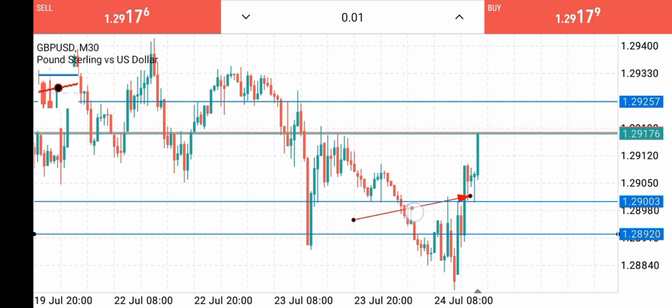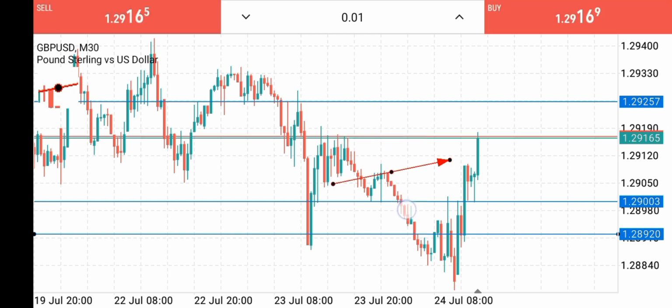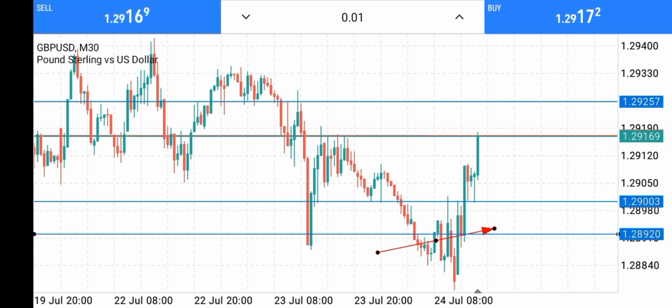Because initially, before you entered a buy here, you have a forecast in your mind that the price will increase up here. So whenever you enter a buy trade, whenever you have a forecast that the price will go up, but the price did not end up going up, instead the price starts going down, it simply means that the price is going against you.